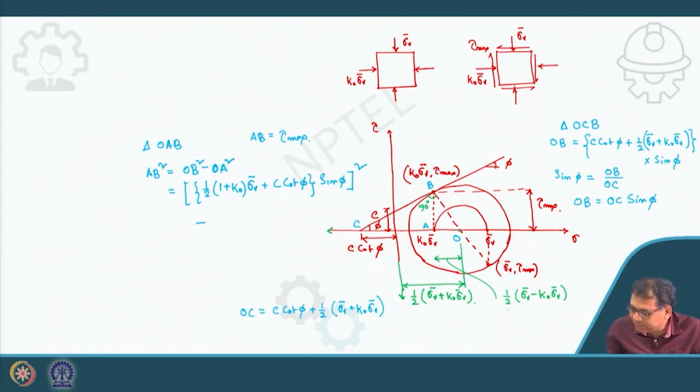What is OA? OA is equal to this one, half sigma v bar minus k0 sigma v bar, to the power of square.